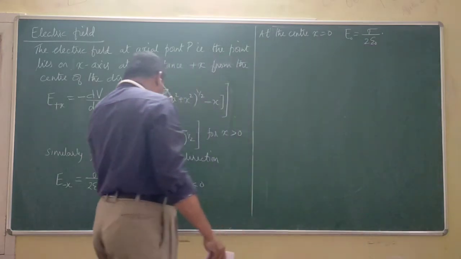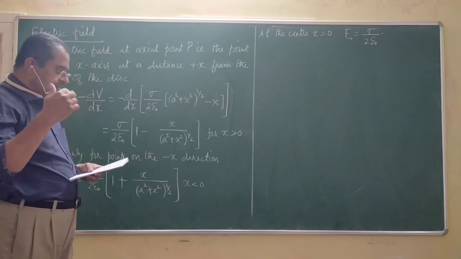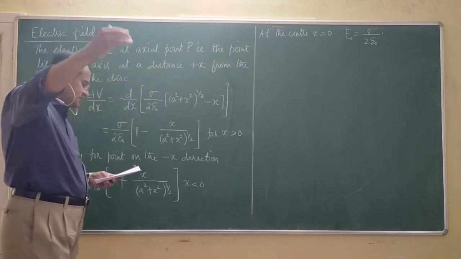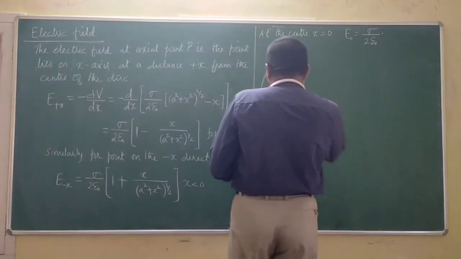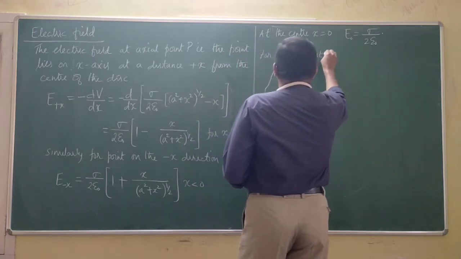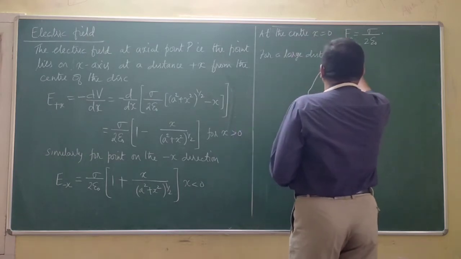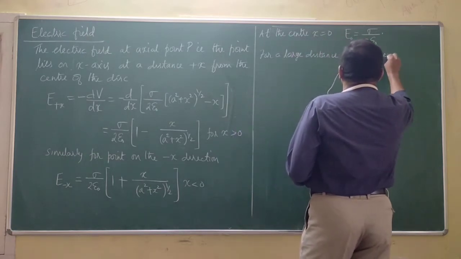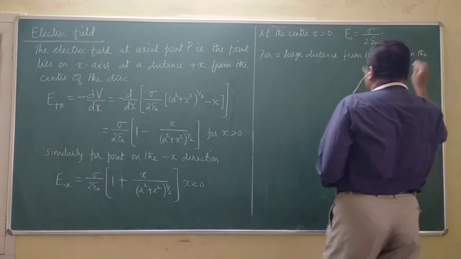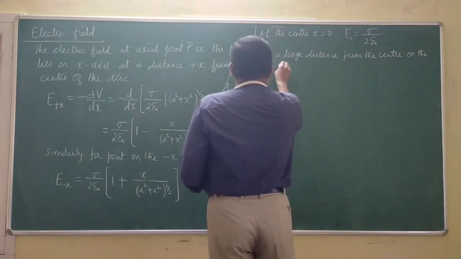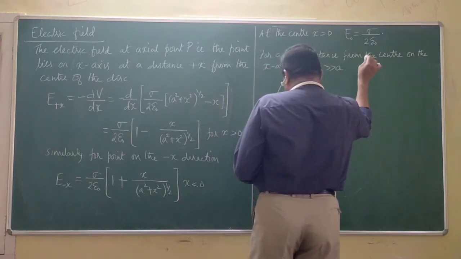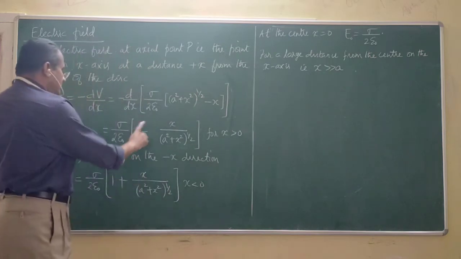Now, if you assume the electric field at a point lying at a large distance from the center on the x-axis, that is x very much greater than a, we need to modify.